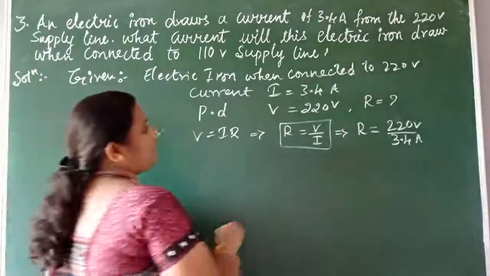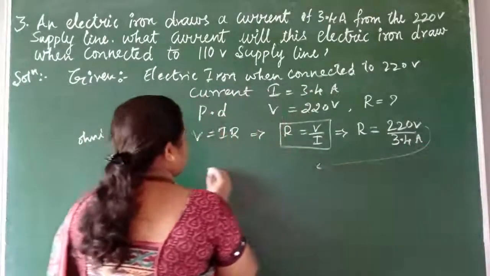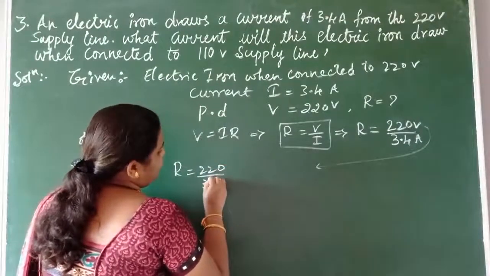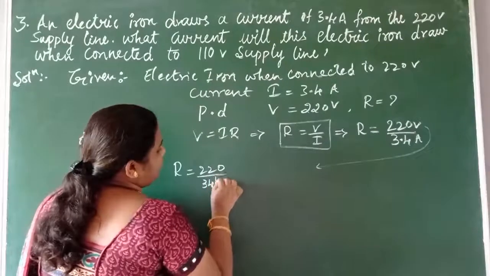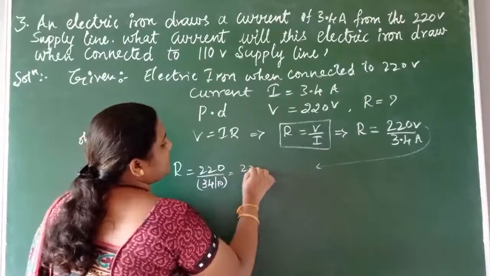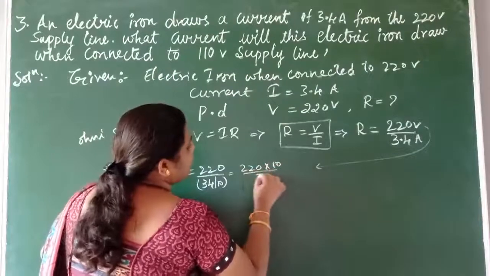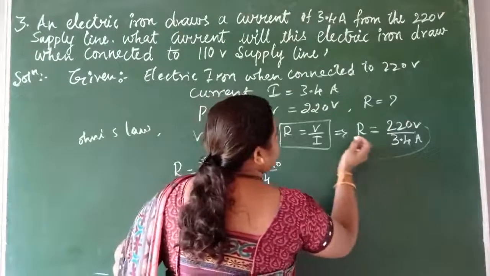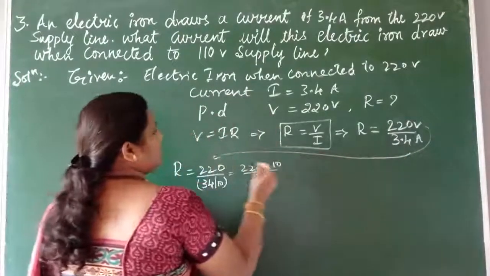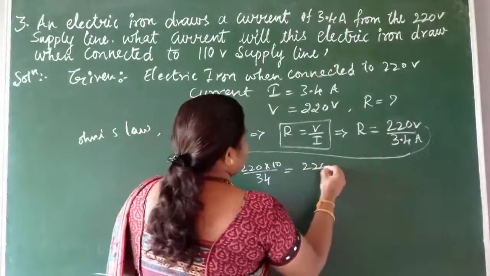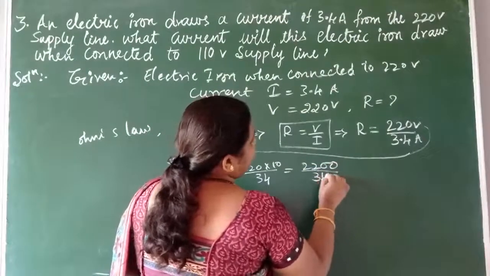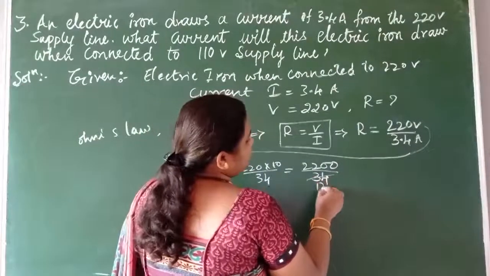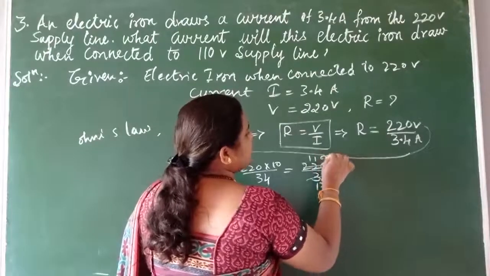Now R is equal to 220 divided by 34 divided by 10, isn't it? Which is nothing but 220 into 10 divided by 34, isn't it? So what is the next value, children? Which is 2200 divided by 34, isn't it? So that is 2 ones are, 2 sevens are 14, 2 ones are and 00.